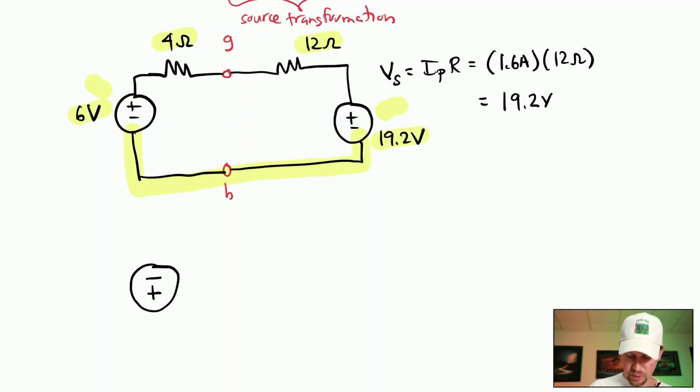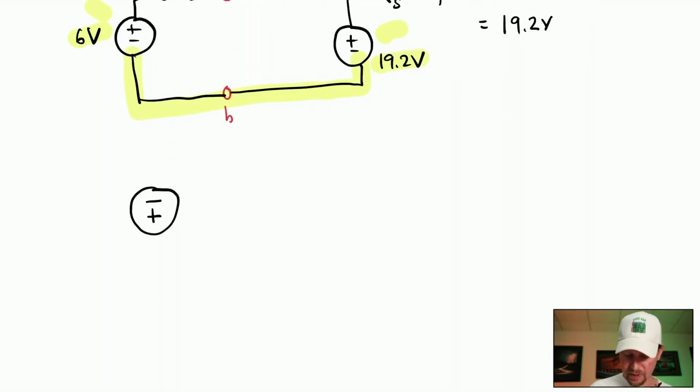So the voltage source value that we actually have here is going to be the 19.2 volts minus the 6 volts for a grand total of 13.2 volts.